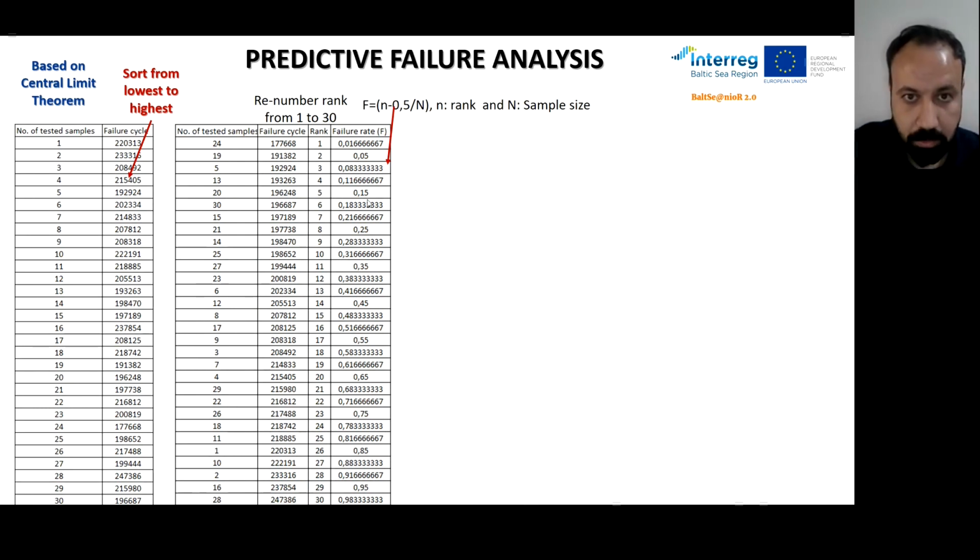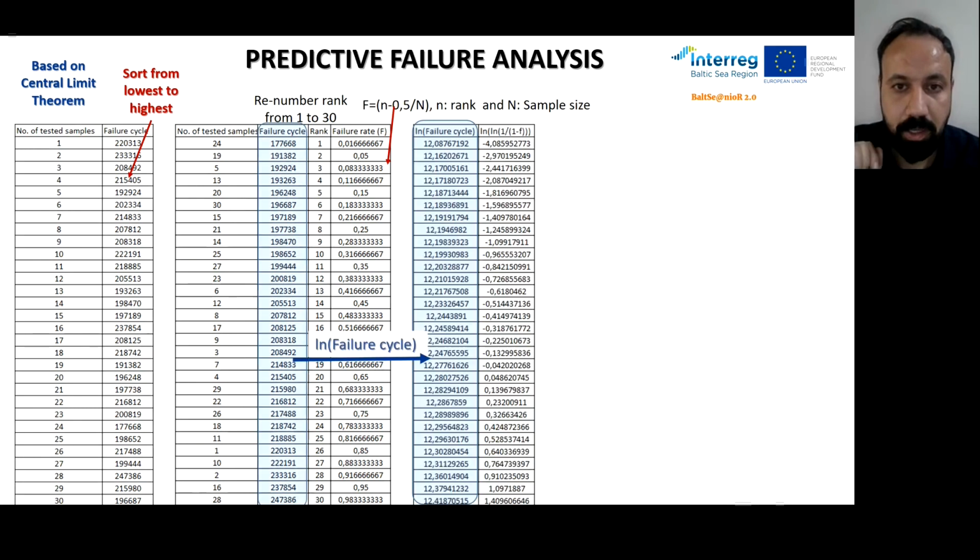And then I need to create my variable distribution. For this distribution, I need a y-axis and an x-axis. Here, the x-axis is the natural log of the failure cycles.